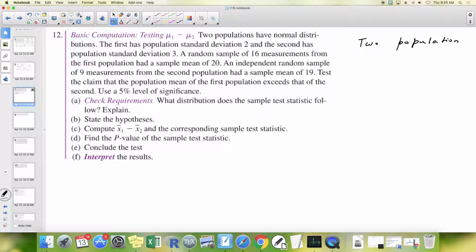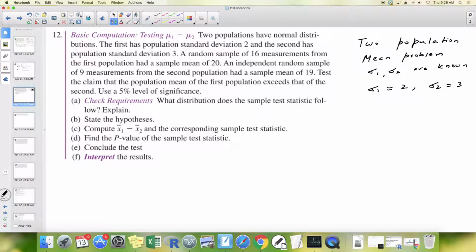And since they have already talked about population standard deviations, you know it's a mean problem, and you can see that sigma 1 and sigma 2 are known. Obviously sigma 1 is 2, sigma 2 is 3.